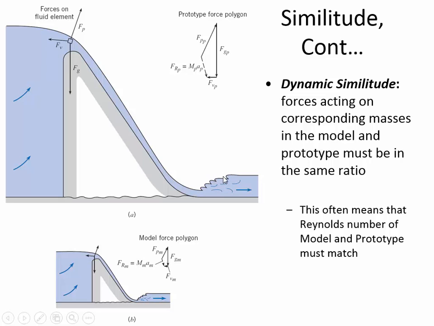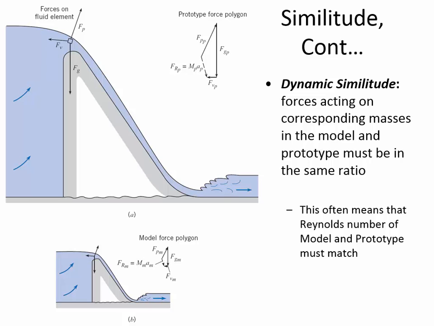And so whenever a new dam is being designed or an old dam is being retrofitted and refurbished, they do a lot of simulations to try and understand what will happen, where the hydraulic jump is going to set up, how much energy is going to be exerted by the hydraulic jump. To do all that, dynamic similitude is a way of making sure that the forces on the model correspond to what will be experienced by the prototype.